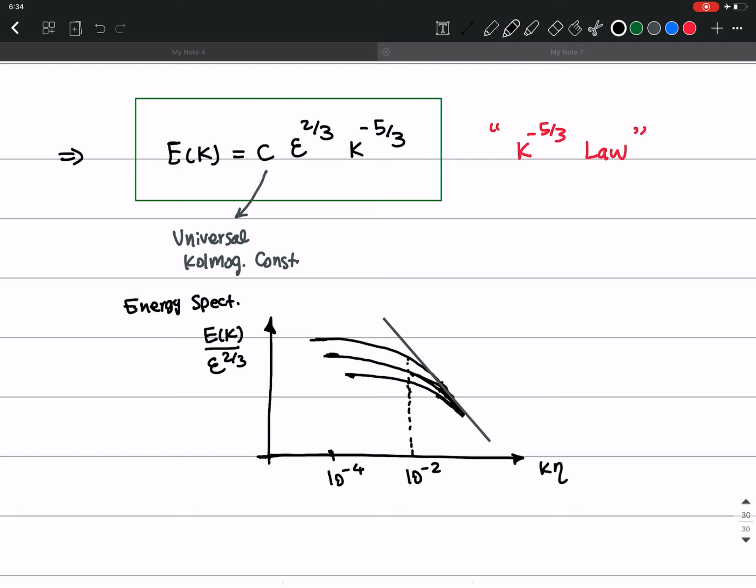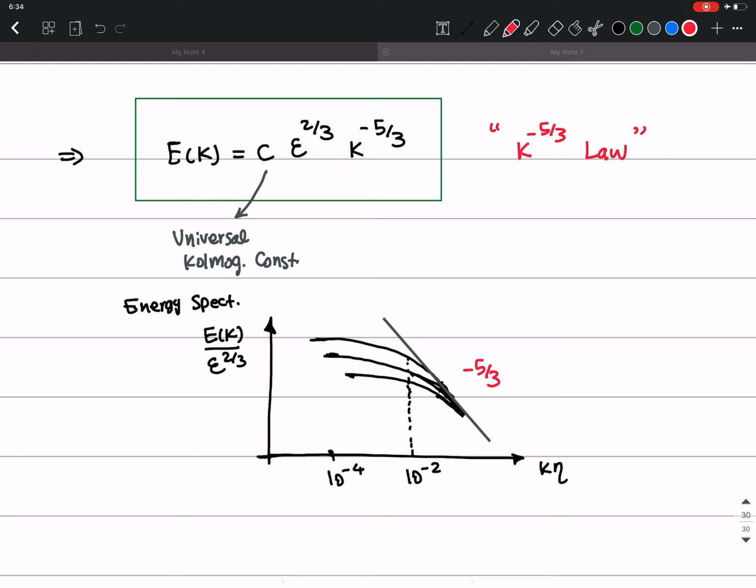If you put it in that scale, then here you can get this minus 5/3 line, where the slope should be minus 5/3, and it matches with this theory that we made.